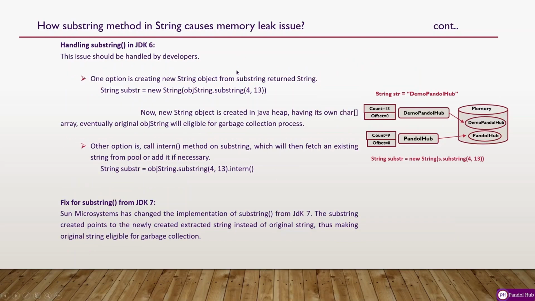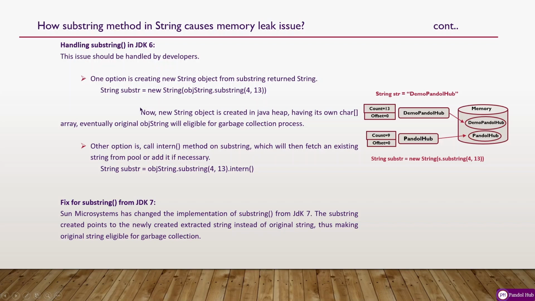So how could we handle it in JDK 6? If you are on JDK 6 or below, you will face this issue, so it should be handled by developers. One option is creating a new string object from the substring's return value. Instead of blindly using string.substring, you create a new object for that substring.